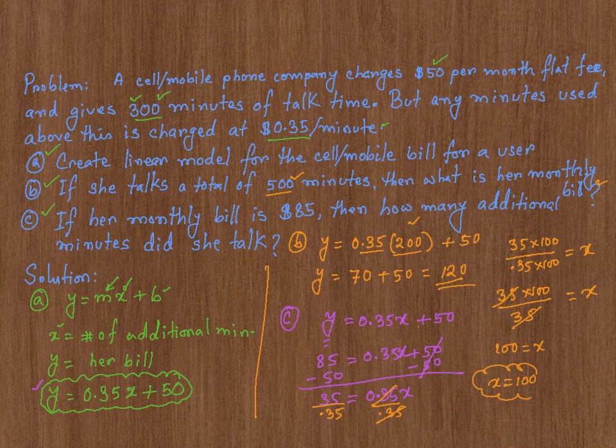So for that particular month, when her bill was $85, she actually spoke an additional 100 minutes. And also in going from here to here, I use the logic, if C is equal to D, then the equivalent statement is D is equal to C. So that's the logic I have used. I hope that this discussion was helpful. Thank you very much.